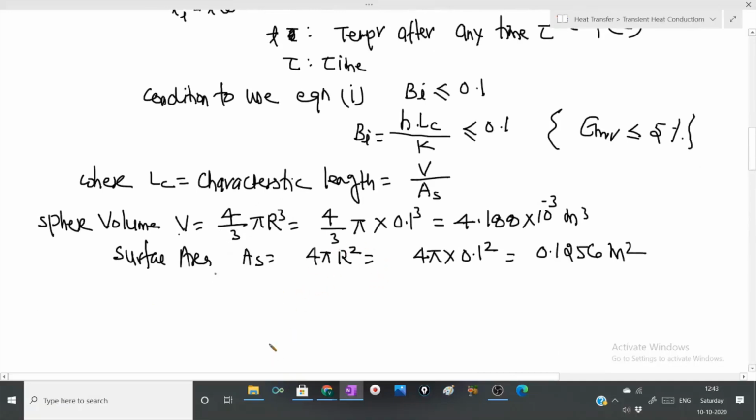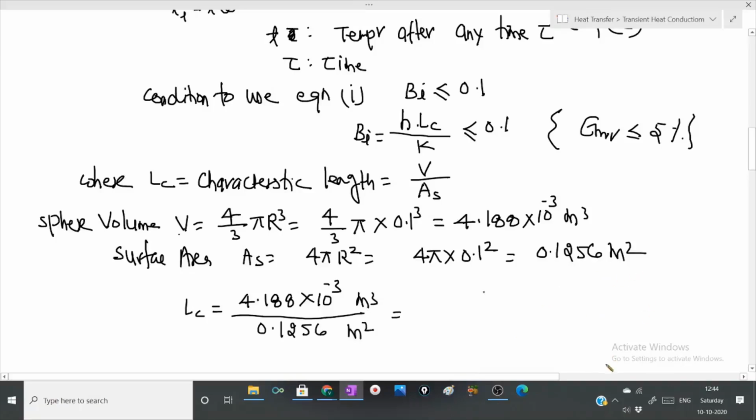Now we have the value of volume and surface area. So now I can calculate the characteristic length as 4.188 into 10 to the power minus 3, this is the volume, over 0.1256. This is meter cube, this is meter square.